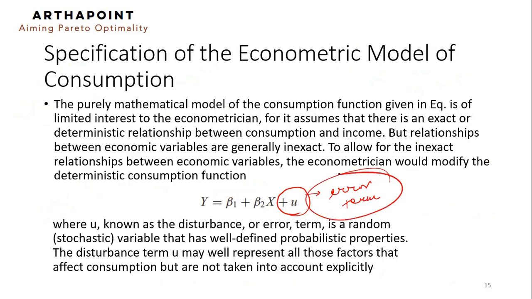Ideally, my consumption may follow some random path because of factors I did not take into the model, and those factors are accounted for here in the error term. That is why I will not be able to specify an exact relationship, but rather a relationship which is a bit here and there. So my relationship will predict consumption for you accurately, but not exactly.